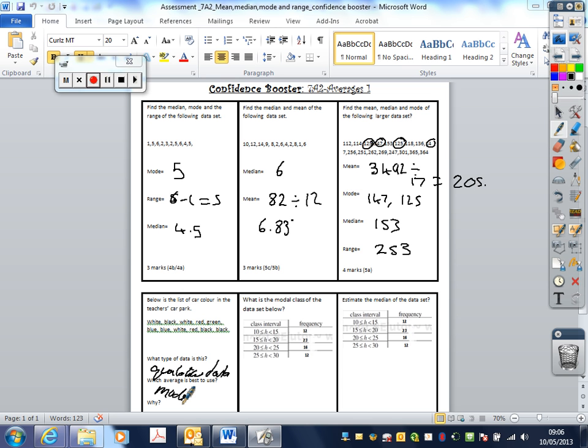These last two are what we did on Wednesday, alright? We want the modal class, and we want to estimate the mean. This is what we call continuous or grouped data. The first one wants you to find the modal group. Which is the modal group then, Marcus? Is it the 15 up to 20?